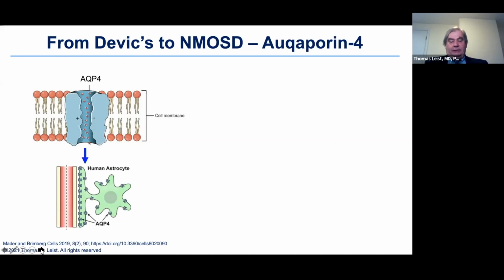And it is the astrocytes that control this. And you see here a cartoon of an astrocyte that expresses these water channels, the aquaporin 4, and essentially hugs the blood vessel, the small blood vessel that brings new nutrients into a certain area.